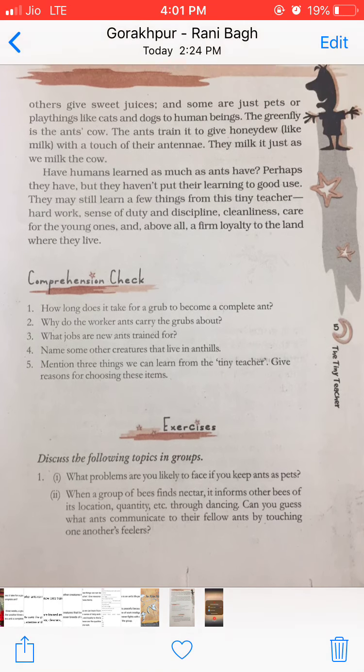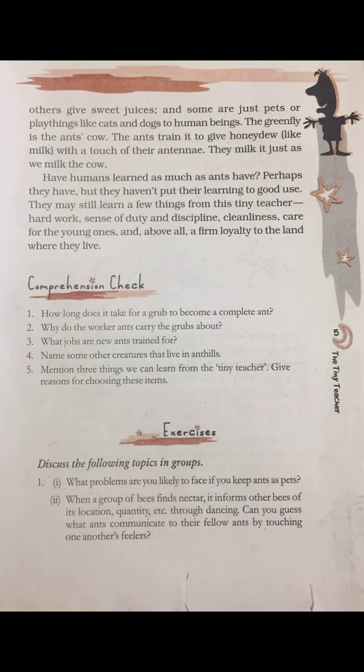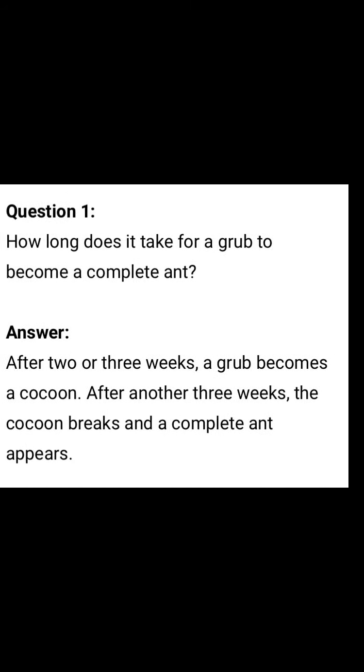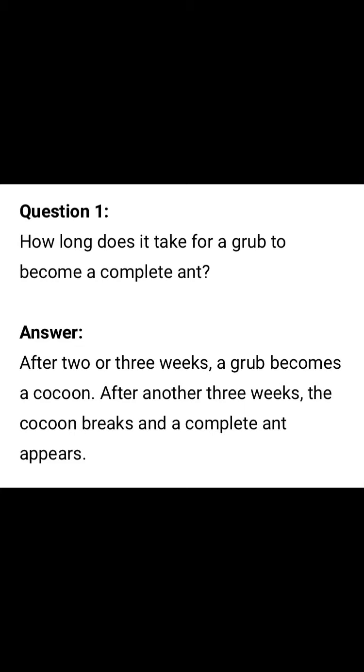A few of the question answers are from the comprehension check on page number 5, and one question from the previous comprehension check. So, begin with the copy. Just follow the guidelines as previously told to you while making the notes of the first chapter of your main course reader. Put the name of the chapter in the center of the first line of the page along with the date and page number.